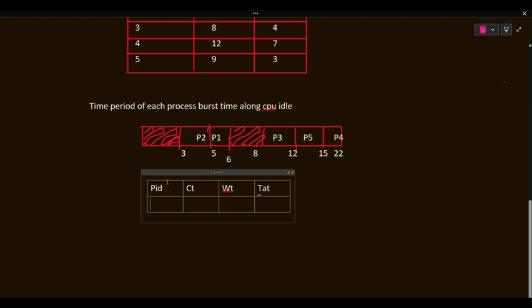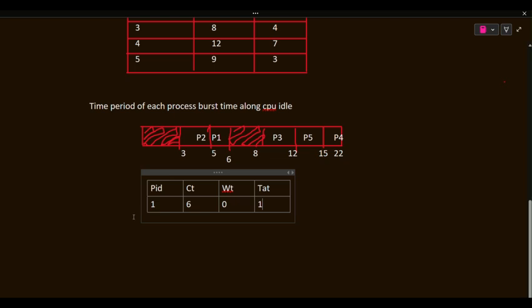For process 1, the completion time will be at t equal to 6 and the waiting time is 0 and the turnaround time is 1, because it arrived at 5 and completed its execution at t equal to 6.